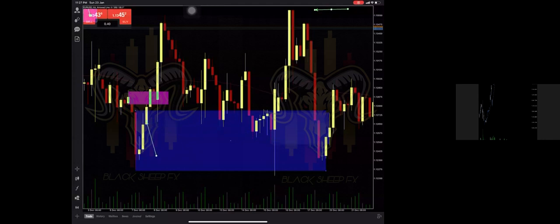Compare where it rejected stronger. If you buy in this zone just now, you would have got smacked down to the ground. But it came back here and reverses the whole way. Why? This engulfing wasn't strong. This engulfing was stronger because of how it created the zone.